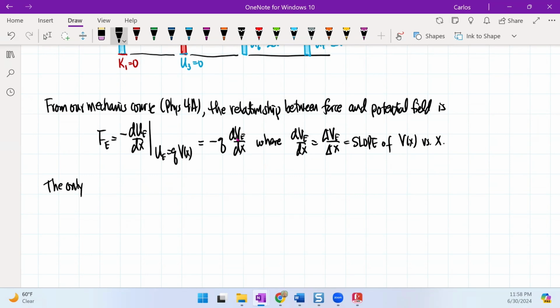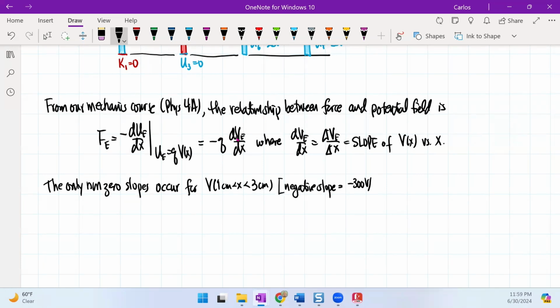So the only non-zero slopes occur for V between 1 centimeter and 3 centimeters. And we found here is that this guy was a negative slope equal to minus 300 volts per meter.